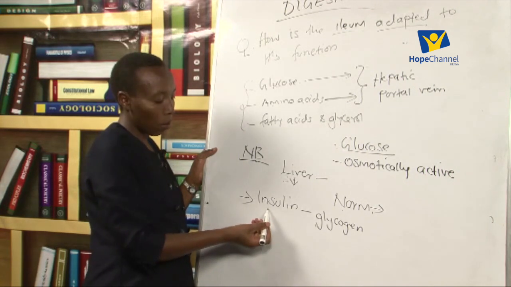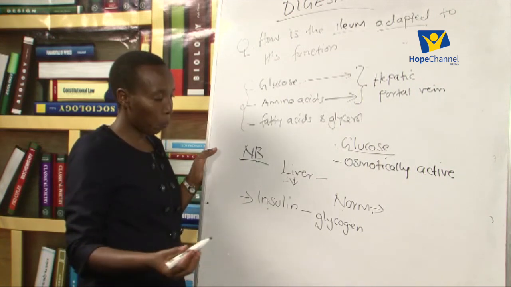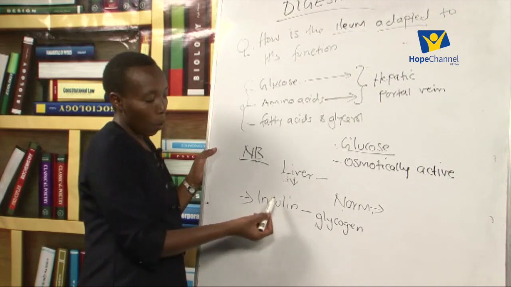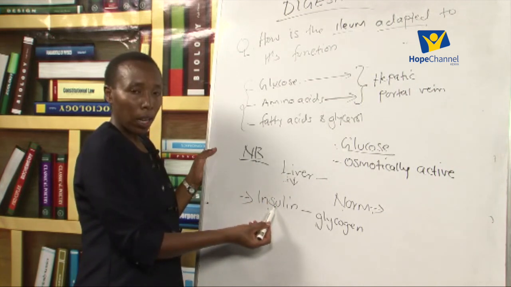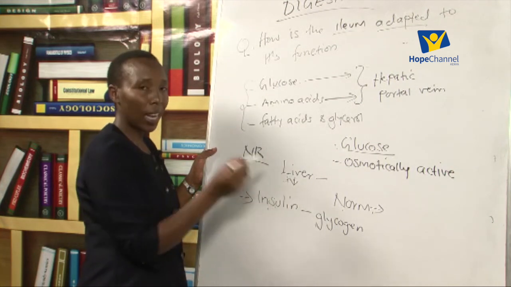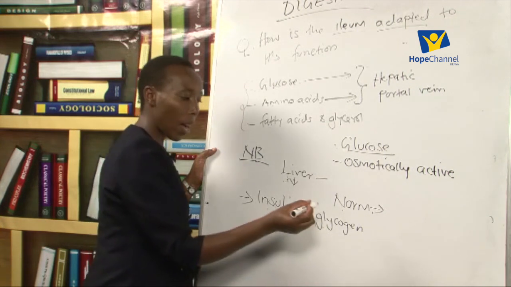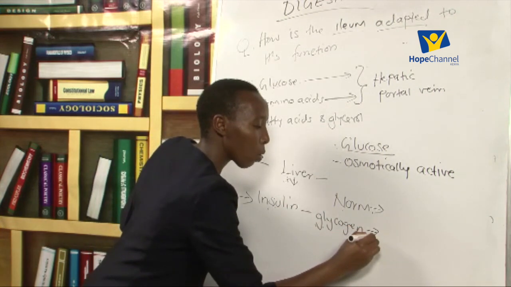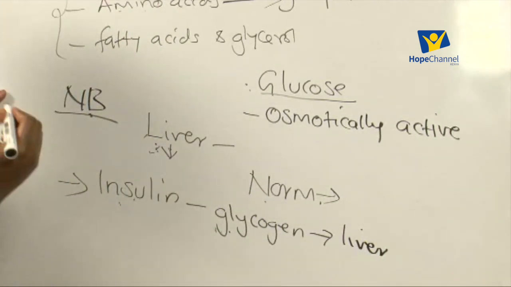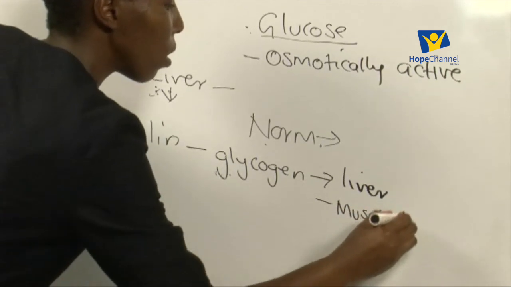Then once insulin is released, it is released, of course, into the bloodstream, then transported to the liver. Then the work of insulin, number one, will stimulate the liver cells to convert the excess glucose into glycogen. Then the glycogen will be stored in the liver. Some of it can be stored in the muscle tissue.